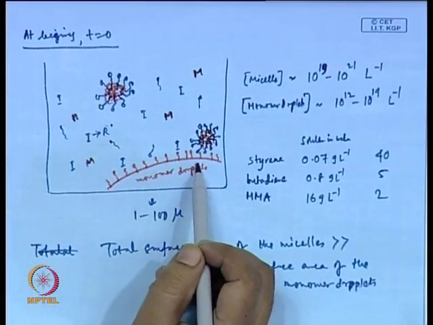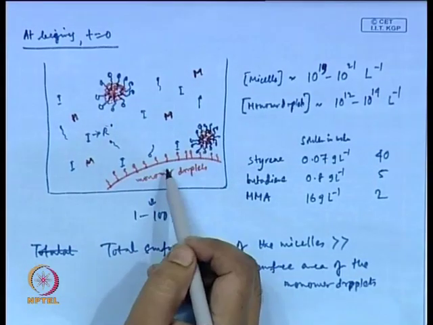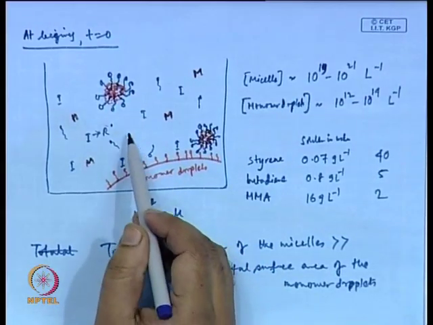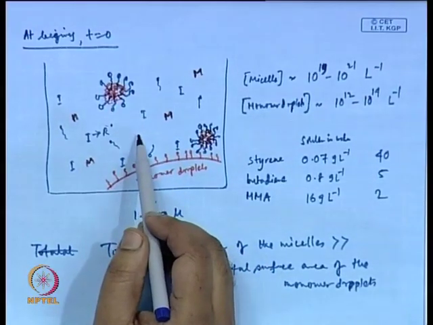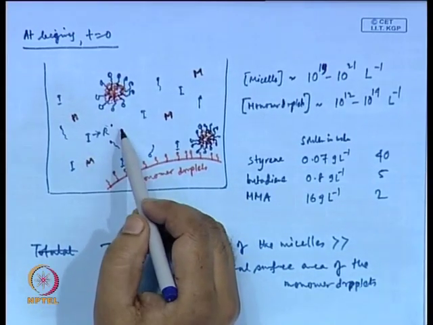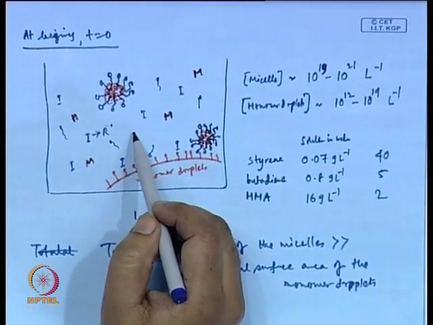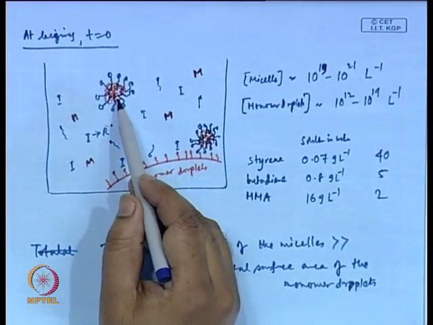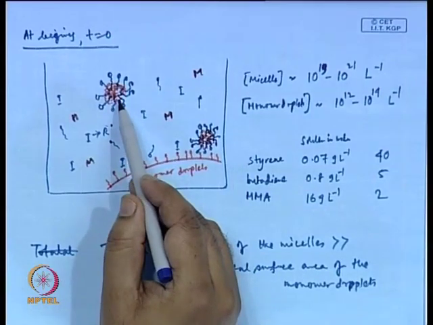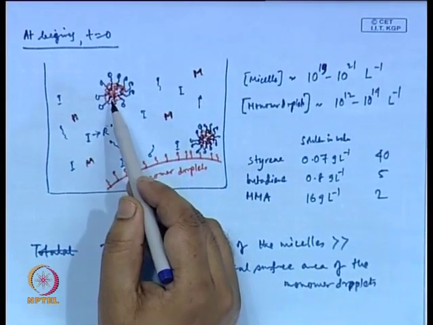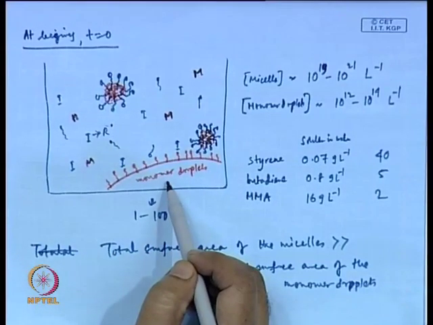Now, because the surface area of the micelles is much larger, 99% plus or even more of the time a primary radical or a propagating radical, the oligomeric propagating radical, will move into a surfactant micelle containing the monomer molecules rather than moving into a monomer droplet.